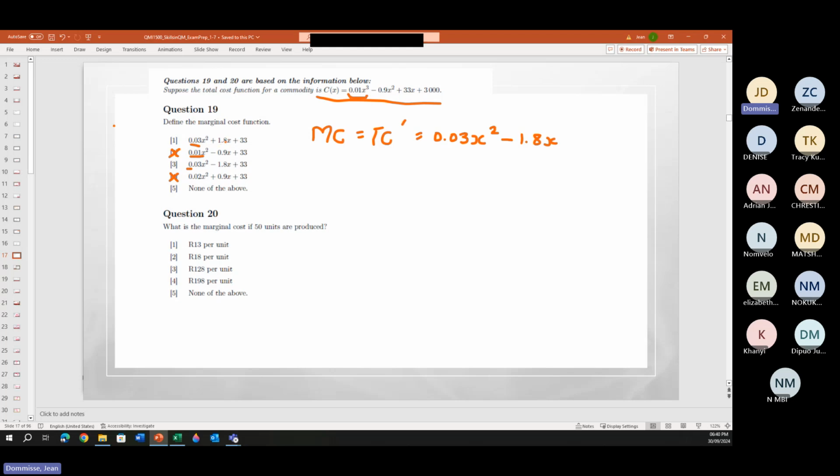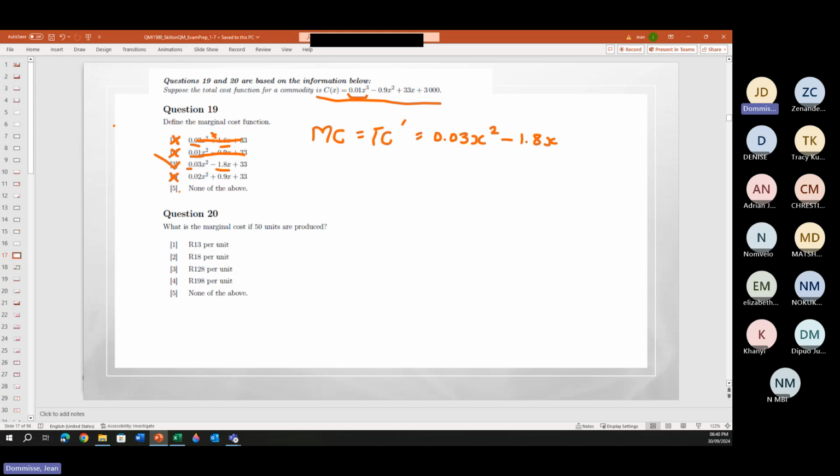Okay, 1.8x, that's correct, but that is incorrect. It must be negative. So we already know now those two are not options. So then, okay, great. So that is so far right.